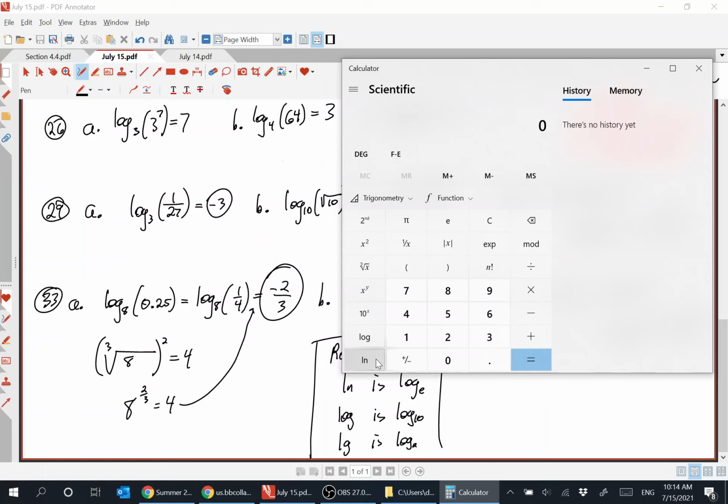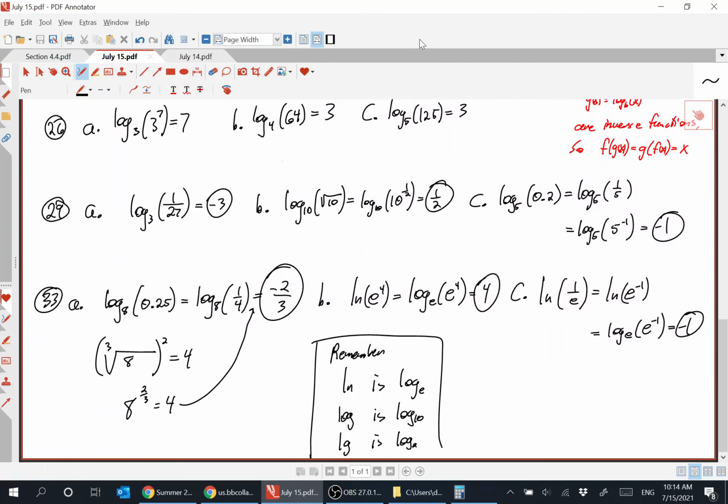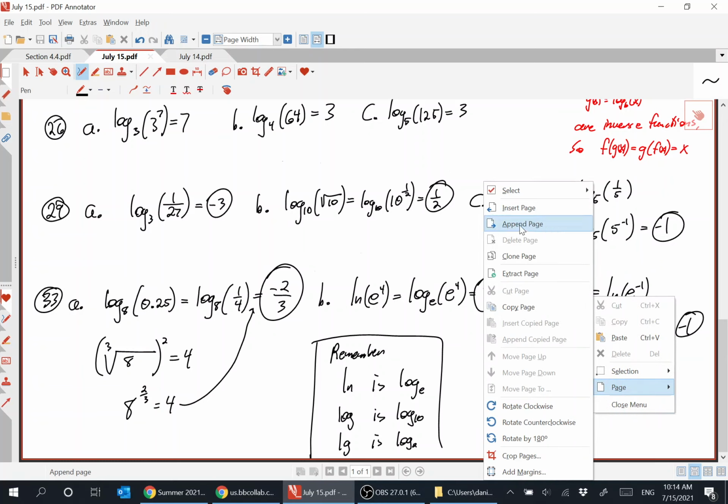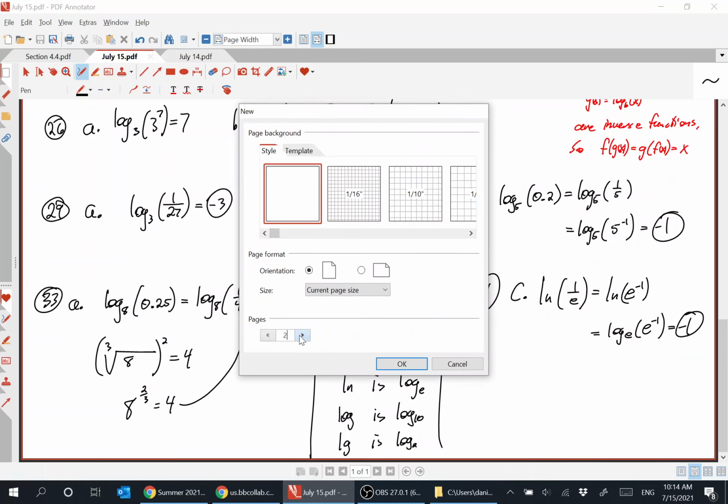I don't think I've ever seen one that has log for any base built into it. So how do you evaluate other logs with other bases using your calculator? Well, we'll see that in the next section. It's quite simple, actually. But we'll get to that in a little bit.